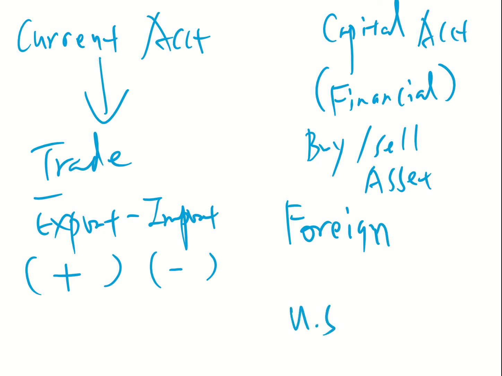When foreign investors do a transaction in America, imagine somebody from, maybe, Canada buying a house in America, there's a cash inflow for America, right? And vice versa, if a U.S. consumer buys a home in Canada, there's a cash outflow, away from America. So that's the direction for your current account and capital account.